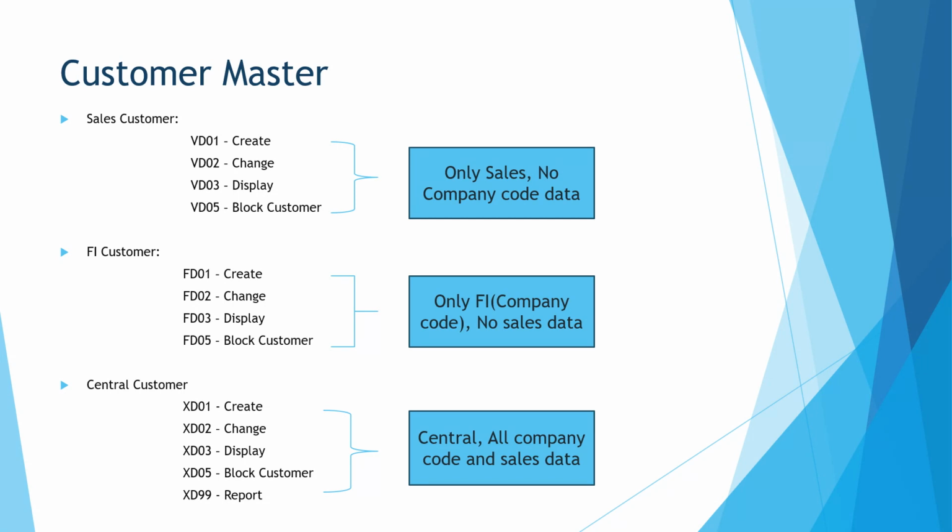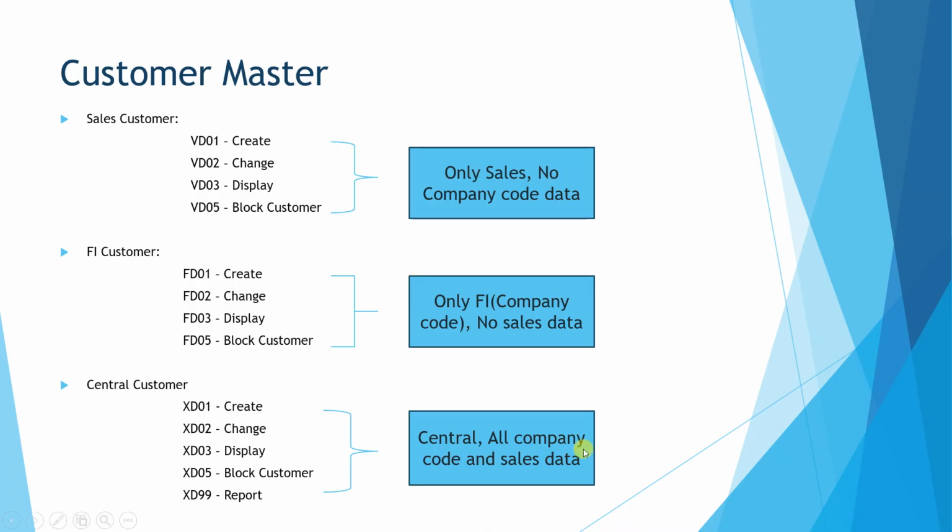I already told you, mainly the changes for ECC and S4HANA regarding the customer master is only that the BP related configuration will be added in S4HANA. The remaining should be the same.